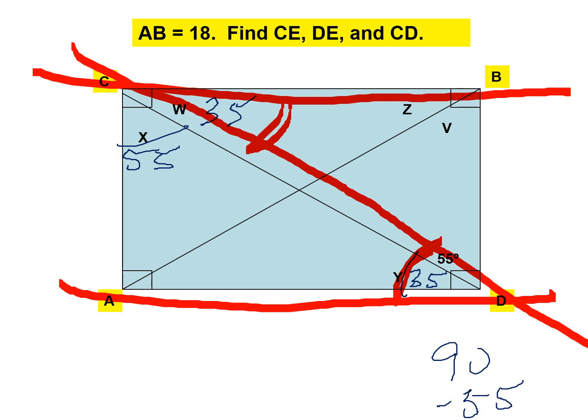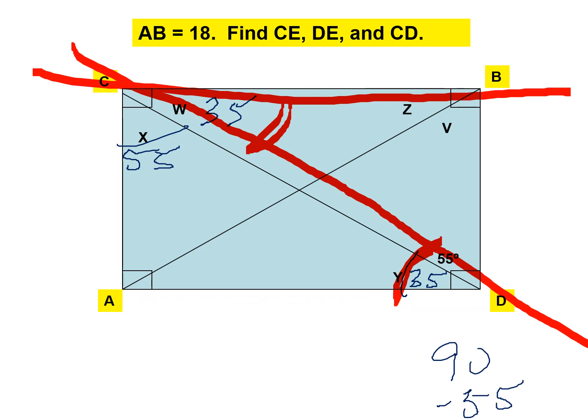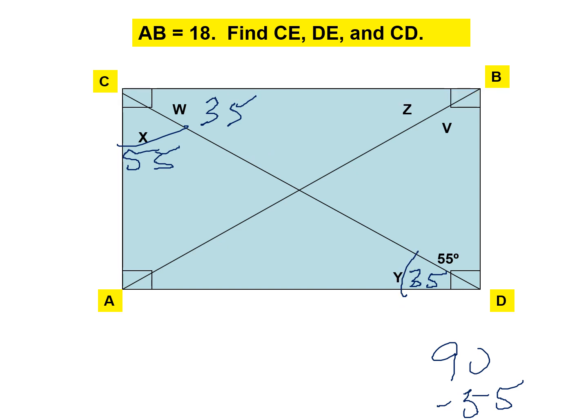And it goes for the other sides too. Alright, so got that. Now what about Z and B? We don't have any particular numbers for them. There's nothing over here to match it.